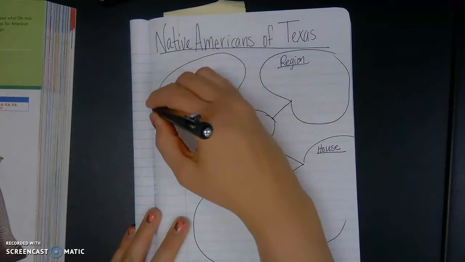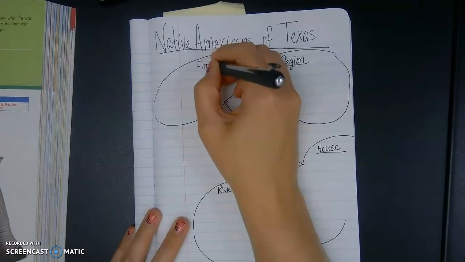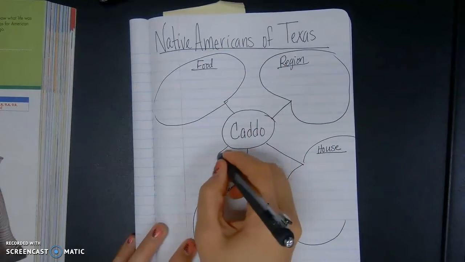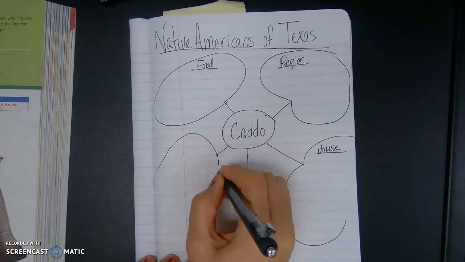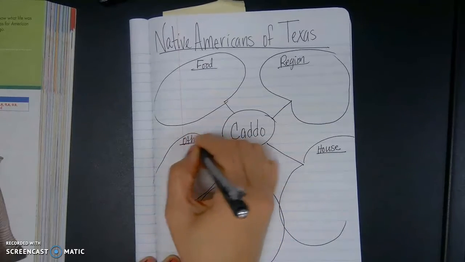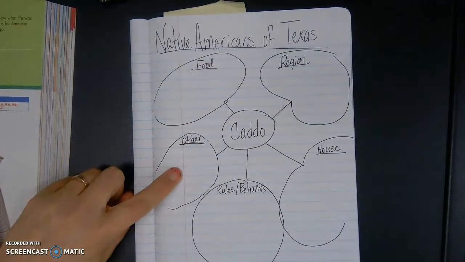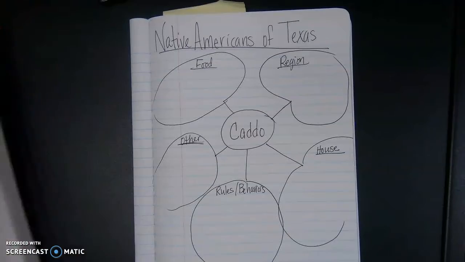Maybe some special food that they eat. And then I'm going to leave an extra one here, kind of as an other. And on this other, if you hear anything cool, you can fill it in here that you think is interesting, okay?